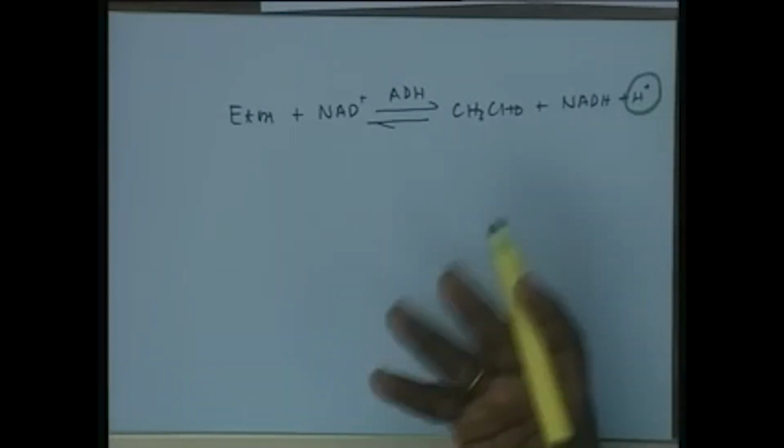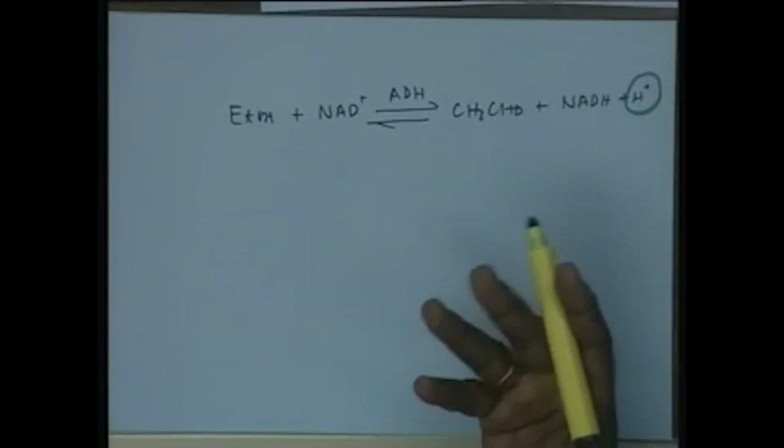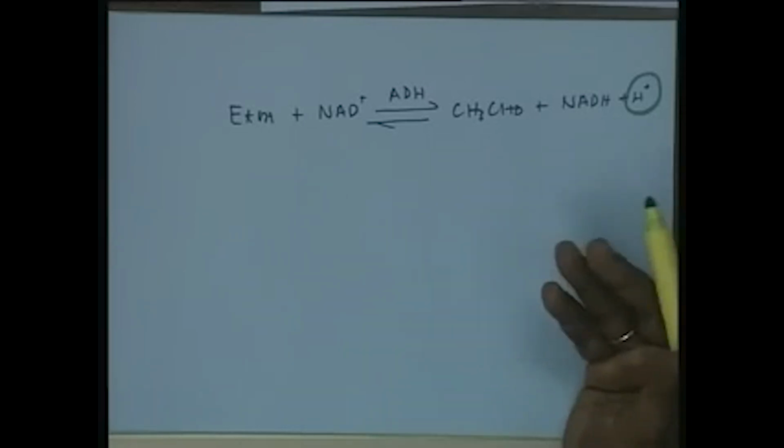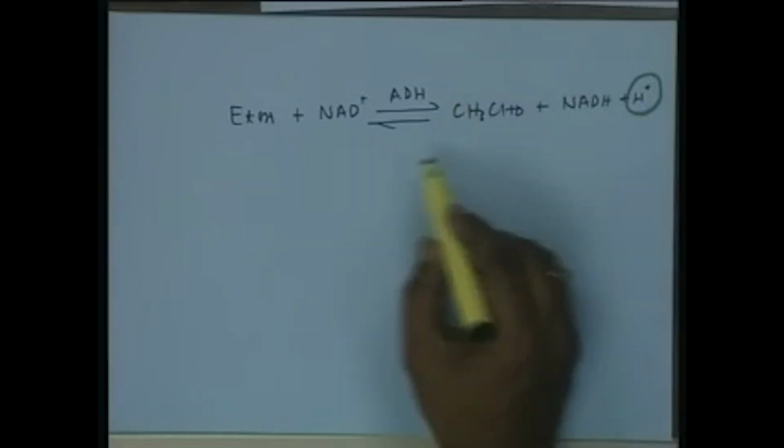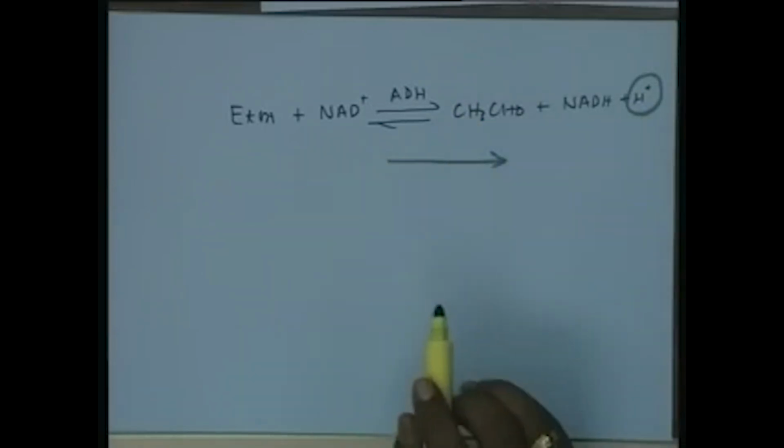So by taking a buffered reaction mixture at a higher pH, the concentration of the hydrogen ions in the reaction mixture can be maintained at a very low level, and the reaction can be driven in the forward direction.